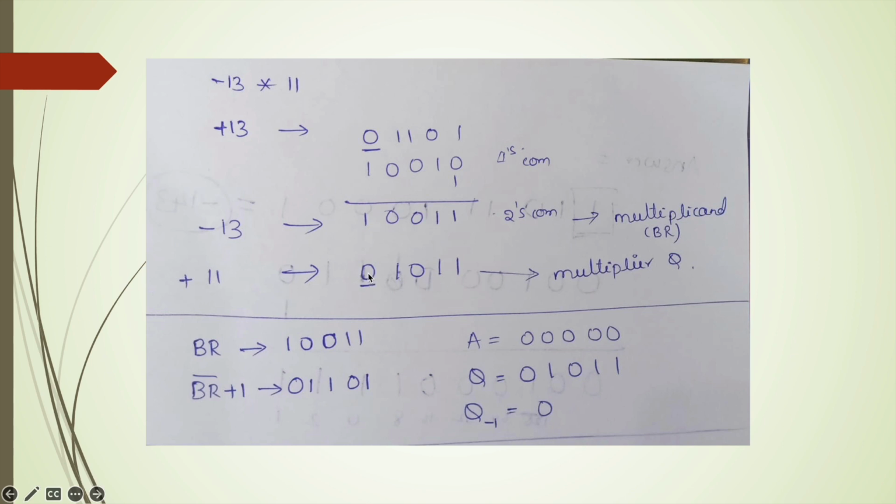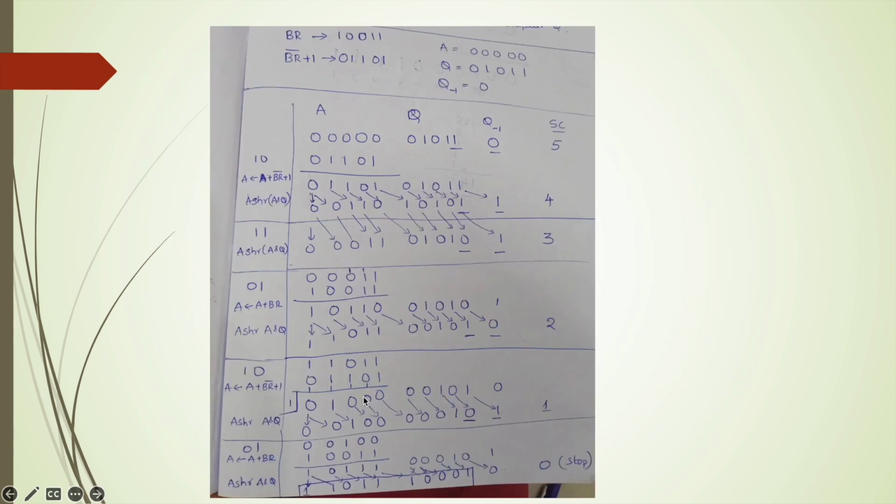I used sign bit as 0, which is a multiplier in Q. Initially BR is 10011 and AC is all 0. Q contains multiplier 01011 and Qn plus 1 is 0. Sometimes I require complemented value of multiplicand, so that is why I calculated BR plus 1. So I wrote it here.